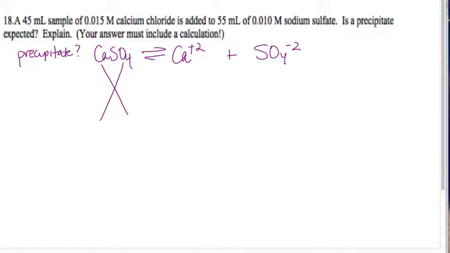Can I just put 0.015 in, 0.01 in? No, why not? Well, no. It doesn't matter how much I have. It's 55 milliliters. If I have a 0.1 molar solution and I took 55 mils of it, it wouldn't be 0.1? Nope. Nope. No.